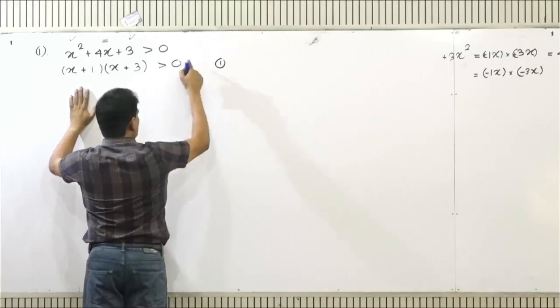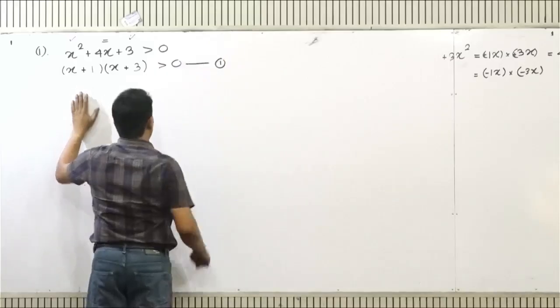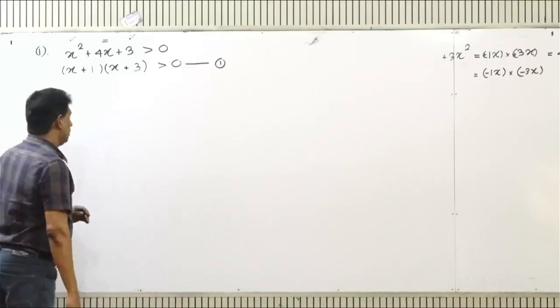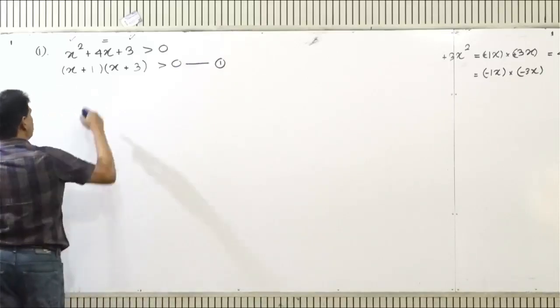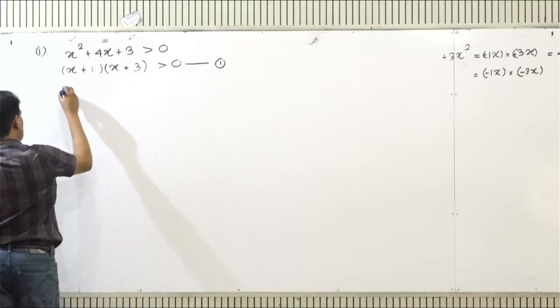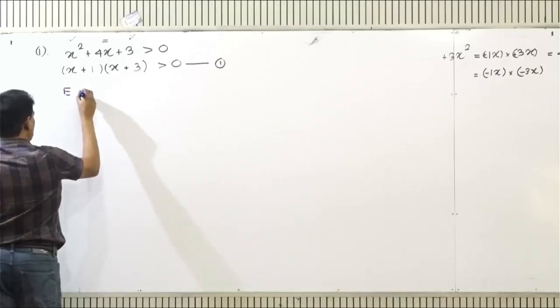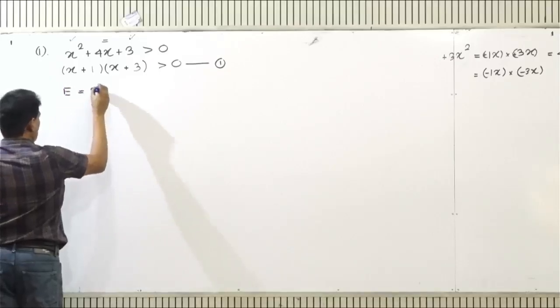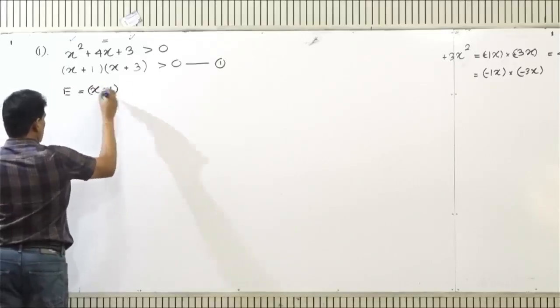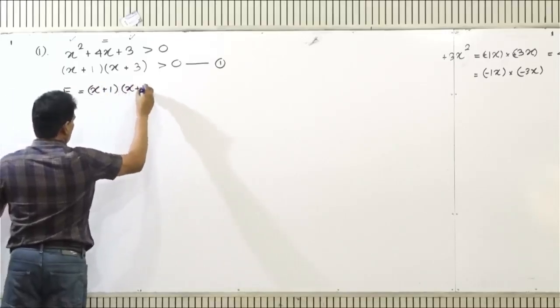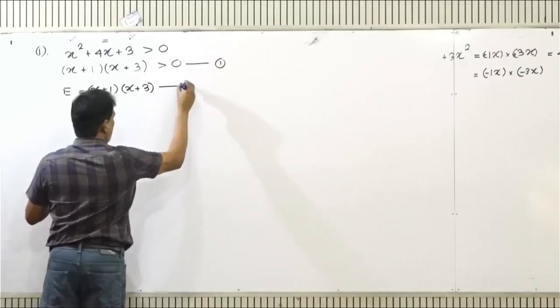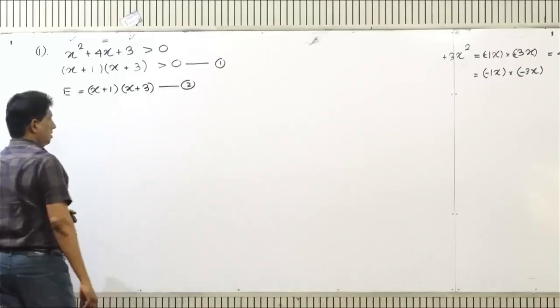Now right hand side we made 0, left hand side we found all the factors. Now we take this one as inequality 1. Then this left hand side we take as E. Now we write E is equal to x plus 1 into x plus 3. This is equation number 2.